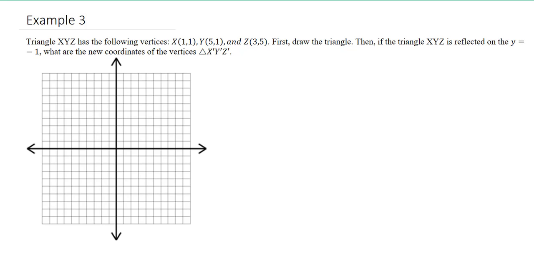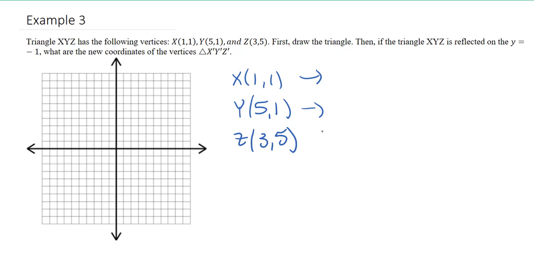So triangle XYZ has the following vertices. X is 1, 1, y is 5, 1, and z is 3, 5. Now we're going to reflect the triangle. If triangle XYZ is reflected on y equals negative 1, what are the new coordinates of the vertices of triangle X prime, Y prime, Z prime?